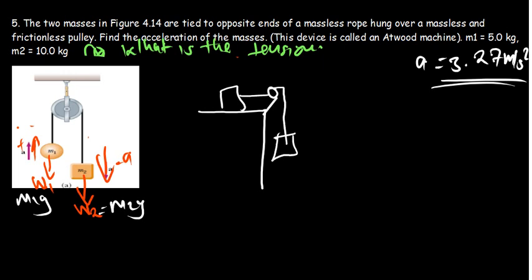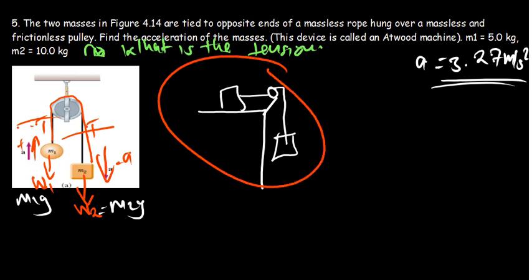So why is the tension the same? The tension is the same because these are connected by the same rope. So the tension does not change, it has to be the same. That is the reason that whichever one you use, you get the same answer. So you are supposed to know how to solve this type of pulley system with friction and without friction. I explained that, you can check out my video. Okay.